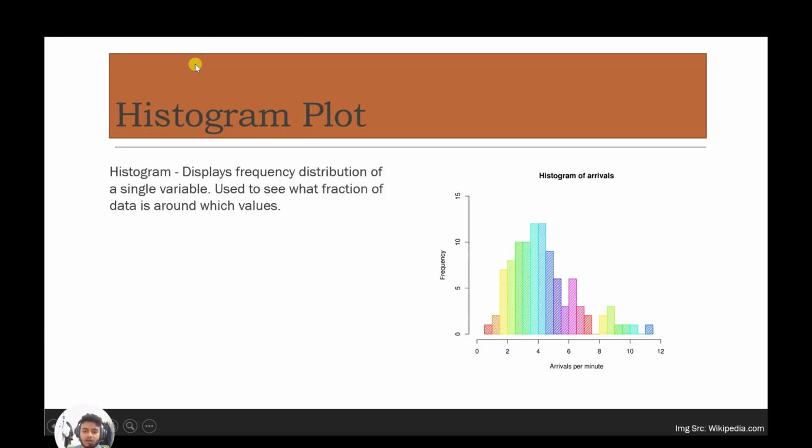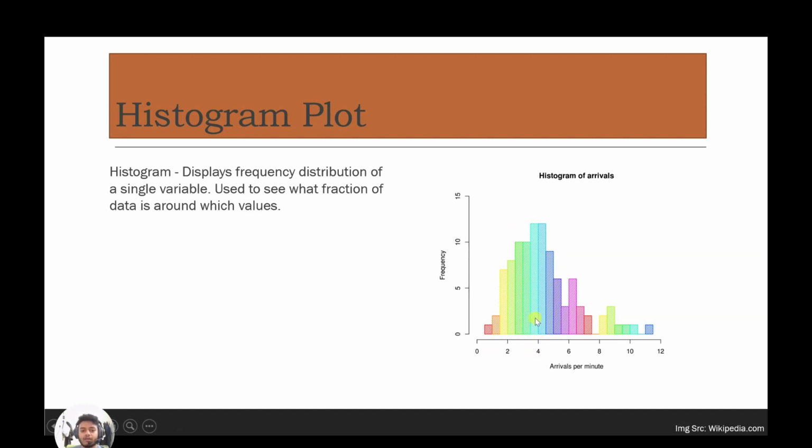A histogram plot is also called a frequency distribution plot. It should look like a bell shaped curve, like a mountain. Let's say these values from 0 to 12 are arrival hours in a day, and we can see that at 4 p.m. the arrival of people is very high.